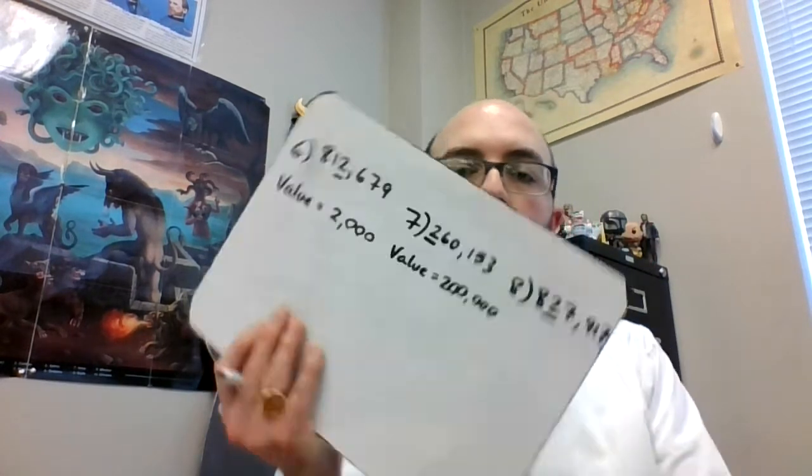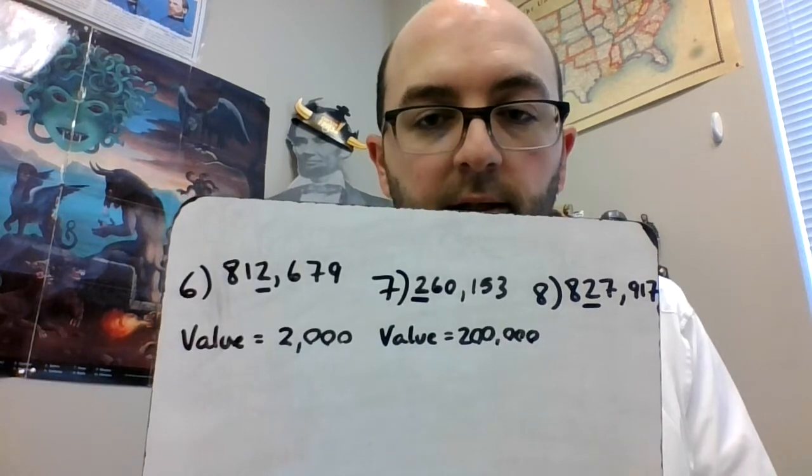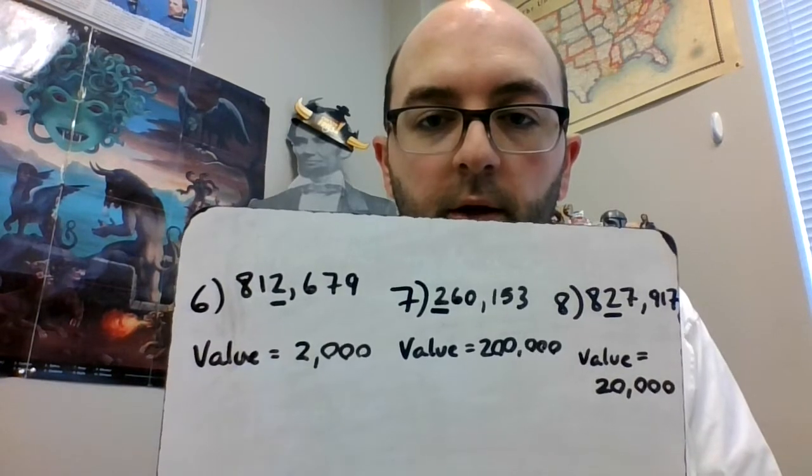Last one, we have 827,917. Okay. And so that is our next one. Again, we need to look at the number 2. That is in the 10,000s place. And so 10,000s place, that means its value, 2 10,000s equals 20,000. Okay, there we go.